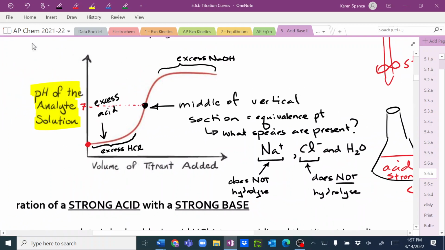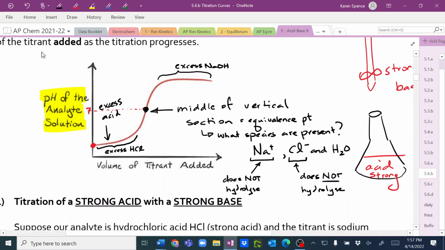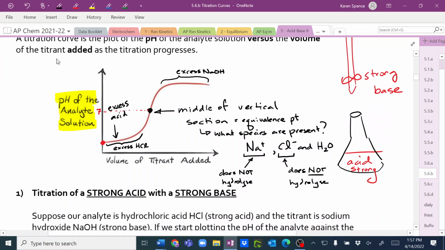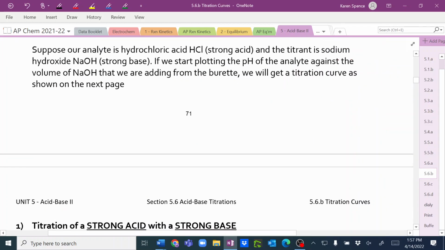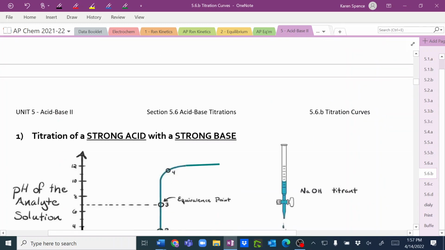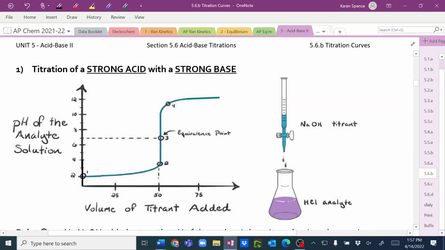So that S curve is what a strong acid, strong base looks like. We have the equivalence point. Could you tell me the concentration of the acid at the beginning?